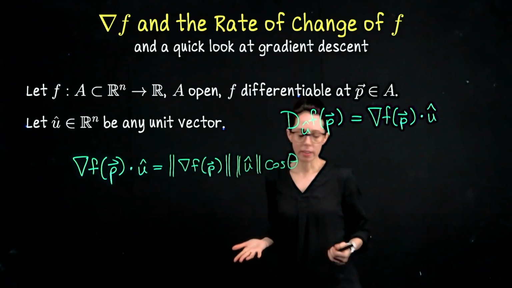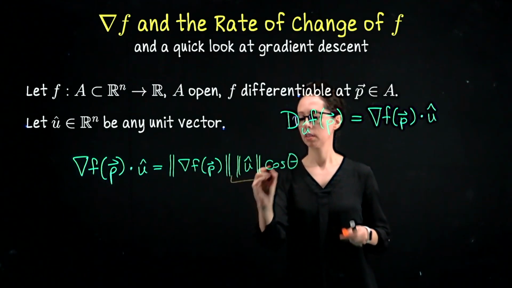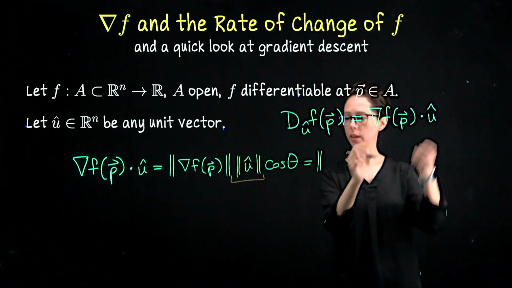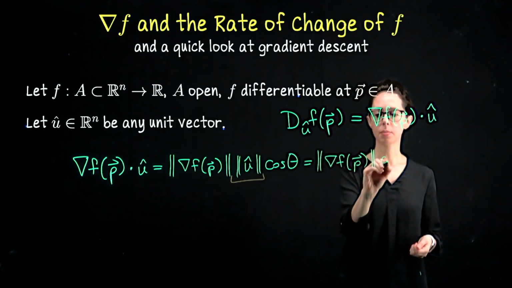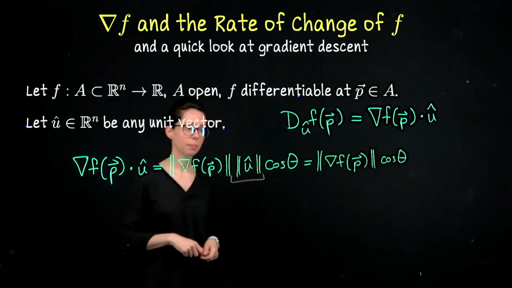Okay, as I was writing that, I mentioned that this is a unit length vector. So we can actually say that this dot product is the length of the gradient times cosine of the angle that the gradient is making with the unit vector u in the domain.